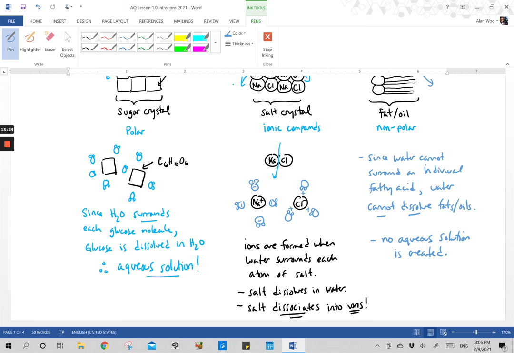So therefore, a polar substance like water cannot dissolve nonpolar substances. So the takeaway message is we can create aqueous solutions as long as water can dissolve it. Sometimes water will dissolve things and not make ions, and when they do, we just call it dissociation.